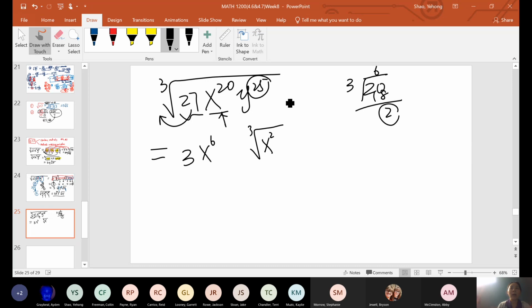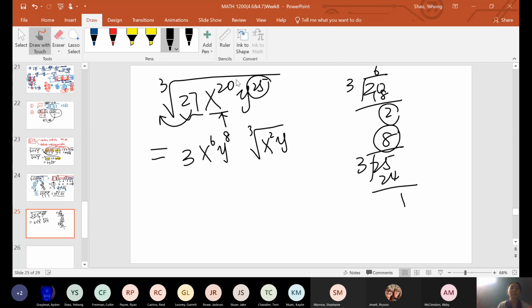And Y to the 25th, similarly: imagine you have 25 students divided into groups of 3. You can get 8 groups with 1 student left over. So you will have Y to the 8th and Y to the 1st as a leftover.